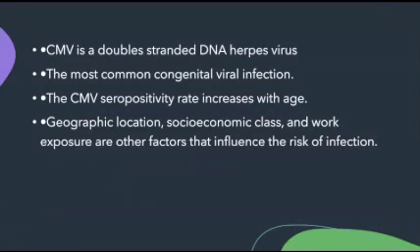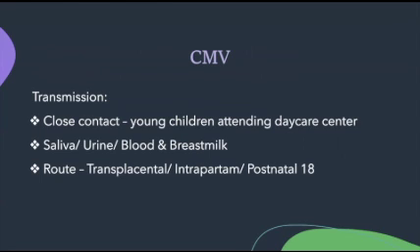Cytomegalovirus. Cytomegalovirus is a double-stranded DNA herpes virus, the most common congenital viral infection. The cytomegalovirus seropositive rate increases with age, and geographic location, socioeconomic class, and work exposure are other factors that influence the risk of infection.